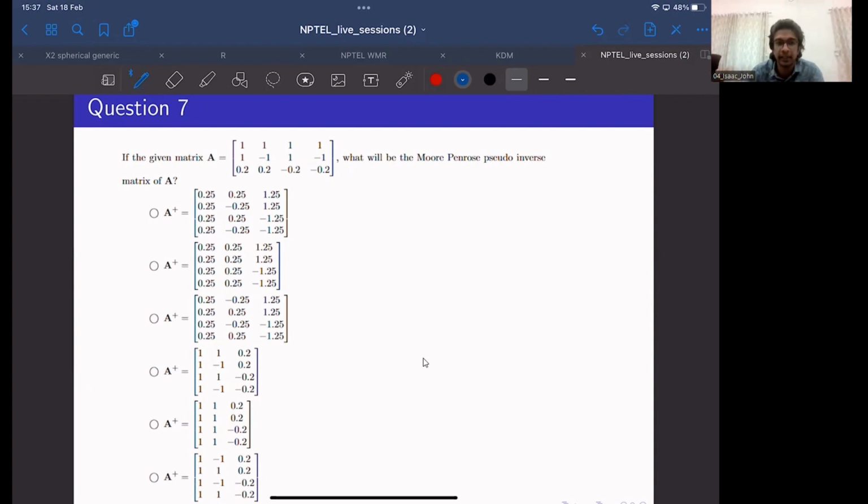So I'll explain the case specific to this sort of matrix, where the number of rows is less than the number of columns, or the number of equations is less than the number of unknowns.